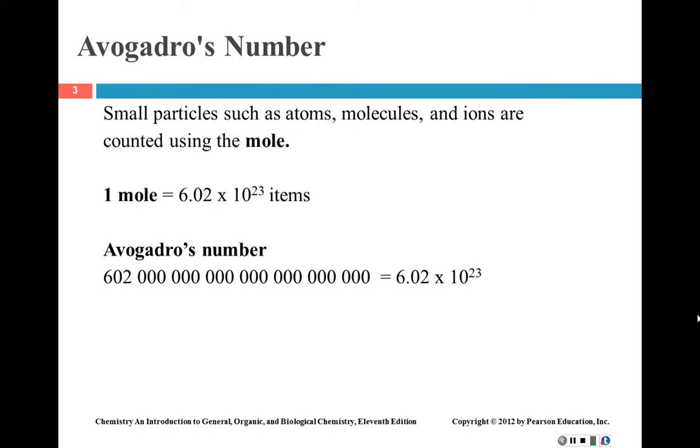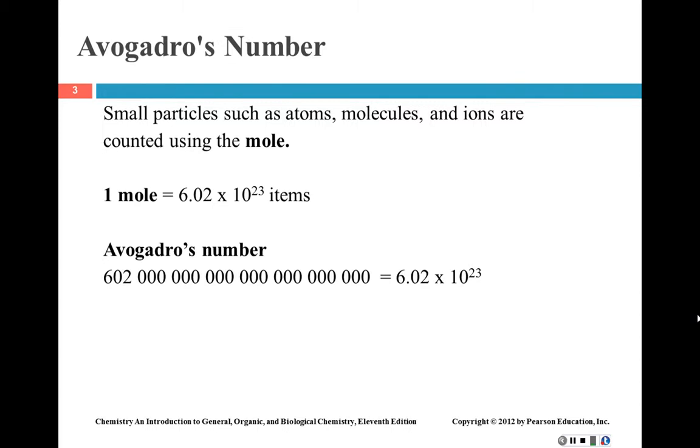For small things such as atoms and molecules and ions, we use the mole to say how many there are, and you'll see why. 1 mole of anything is 6.02 times 10 to the 23rd of whatever that item is. This is called Avogadro's number, not avocado now, but Avogadro's number, 6.02 times 10 to the 23rd.